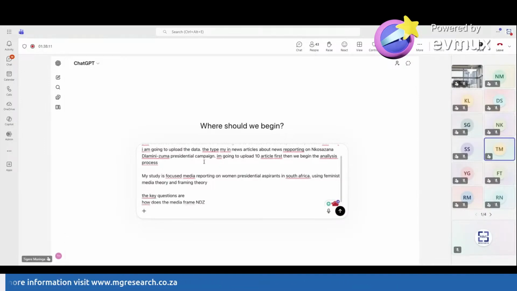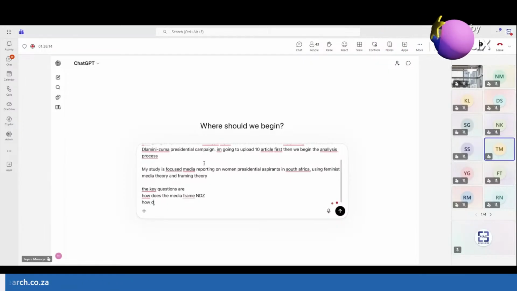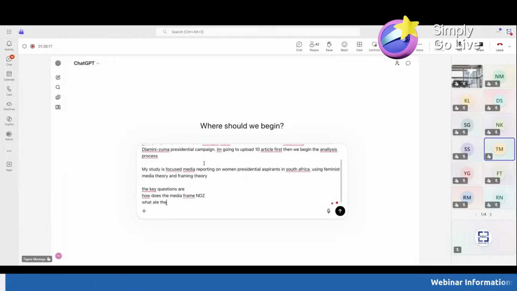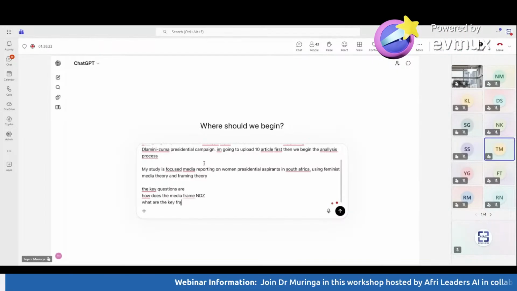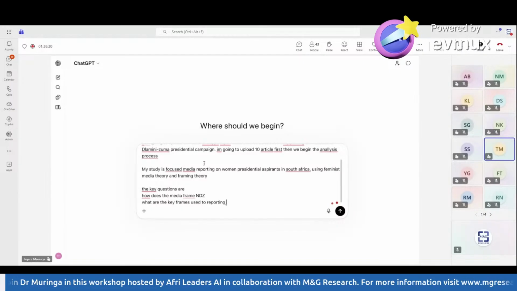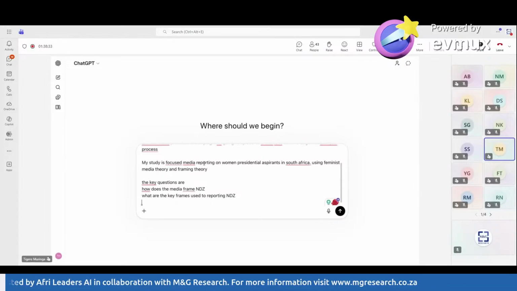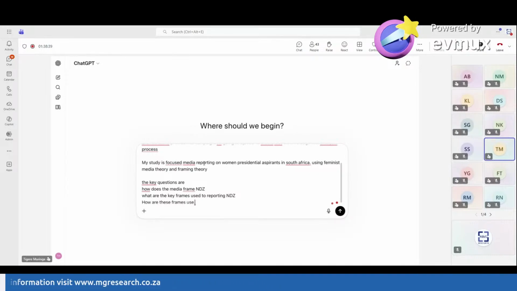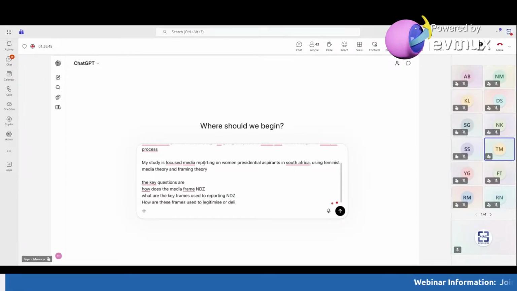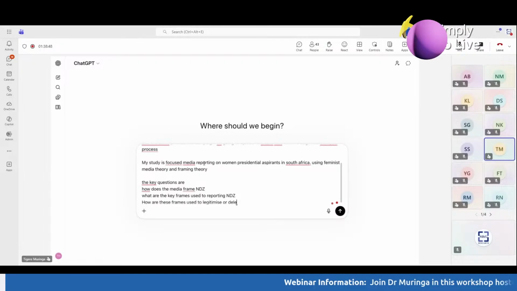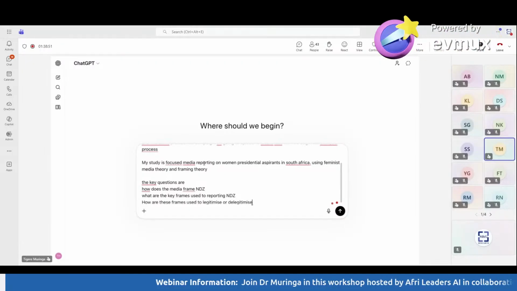And then the second one is, what are the common key frames used to report on NDZ, and how are these frames used to legitimize or delegitimize her political campaign.